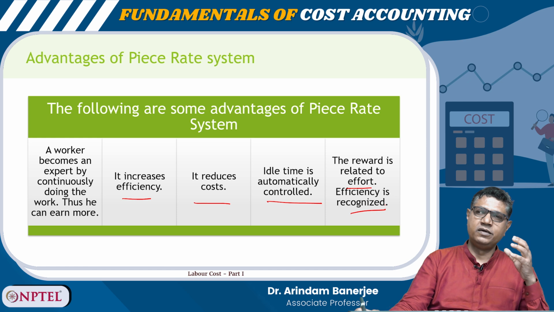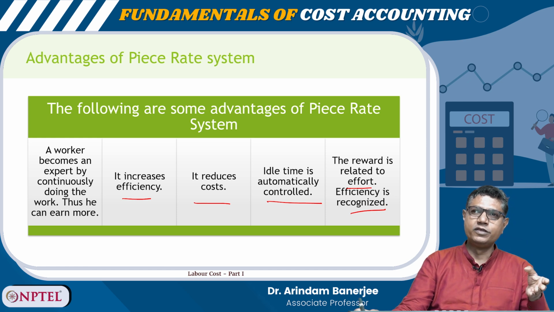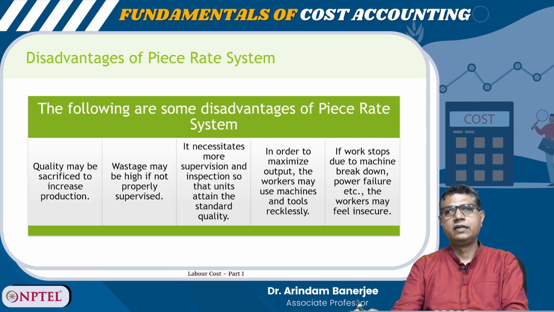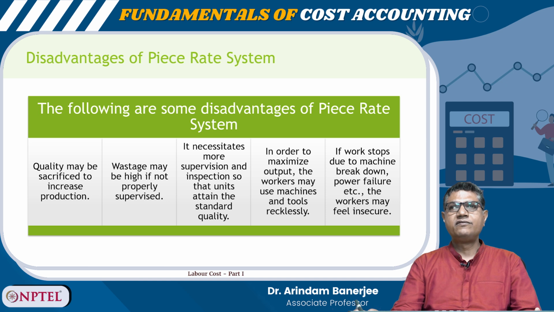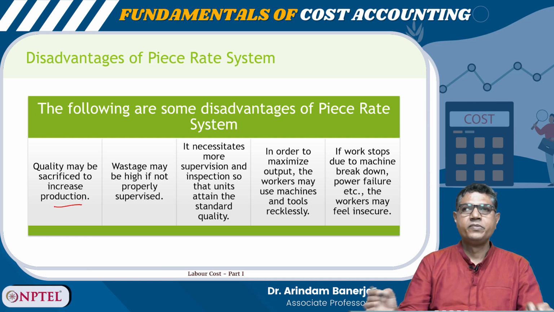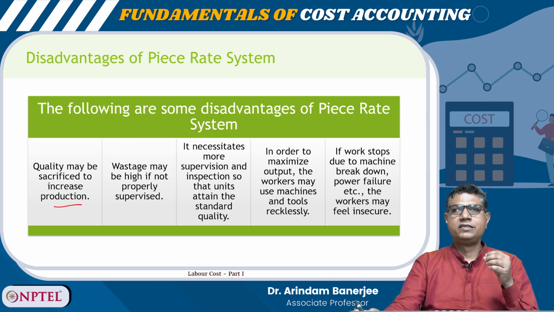So, one person who produces more in a given time, his remuneration will be higher compared to another person who produces less. What are the disadvantages? Quality may be sacrificed due to increased production, because the payment is made on the basis of number of units produced.